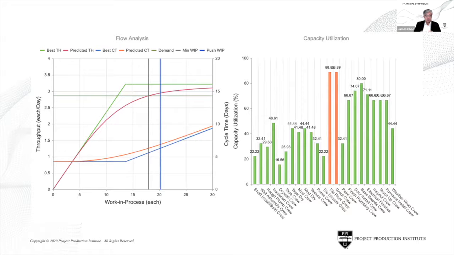So understanding how much you need to have in the system is one of the things that Clark Pacific is figuring out. And on the right is understanding what the capacity utilization is for the current design. And so there are multiple iterations going on.